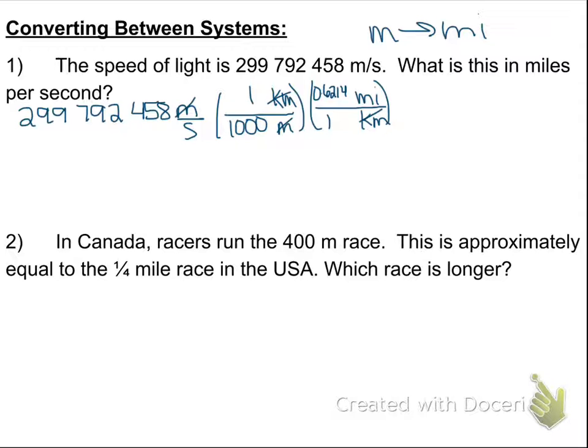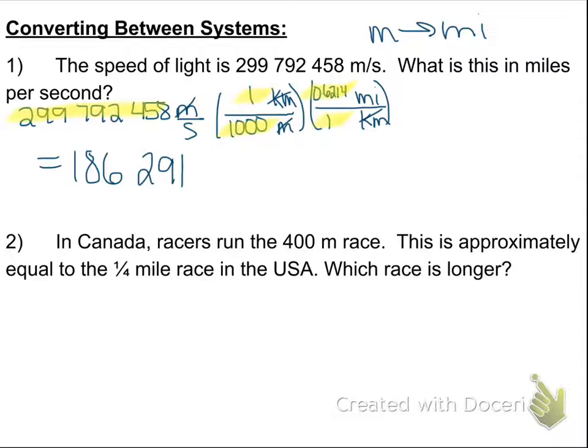And so again, how do we do the math? We take our giant long number, multiply by 1, which doesn't change anything, divide by 1,000, then multiply by 0.6214, and divide by 1. And if you do that, we get 186,291.